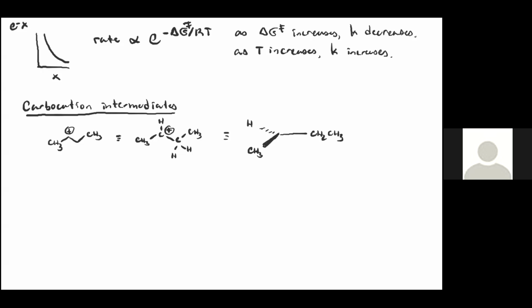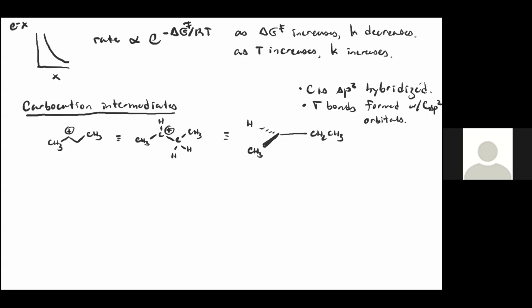So the carbon is sp2 hybridized, and the sigma bonds are formed with C sp2 orbitals.